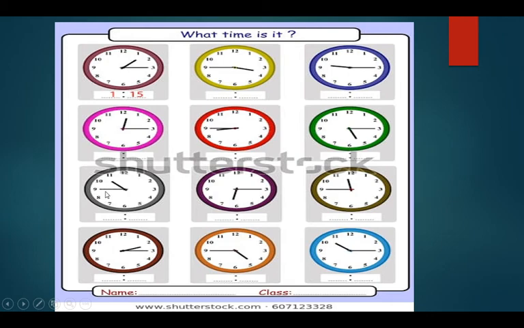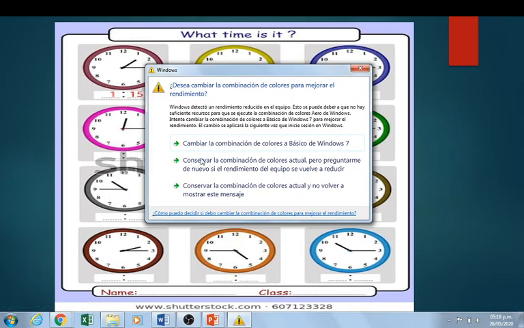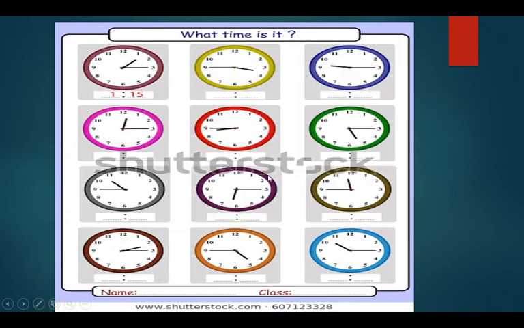Remember, to is when the hour is coming. Past is when the hour has already finished. Quarter past 6. Ya son las 6, ya pasaron las 6. Quarter to 12. In this case, quarter past 2, ya pasaron las 2.